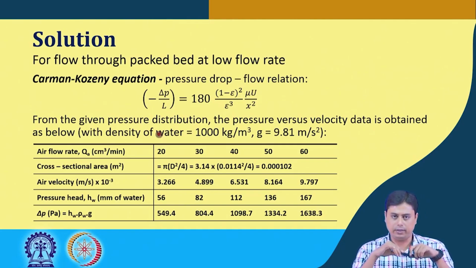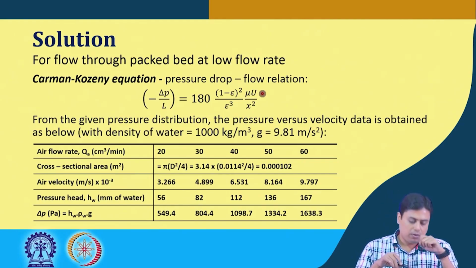Which we have to identify. Now, the air flow rate value is given. If the air flow rate is given, you can find out the superficial velocity of air if you know the inlet area through which the air is entering, and that you know because the cylindrical apparatus diameter is already given.